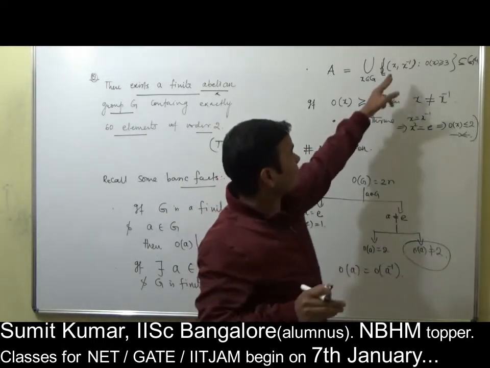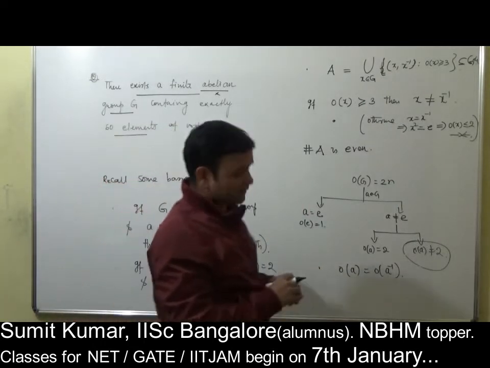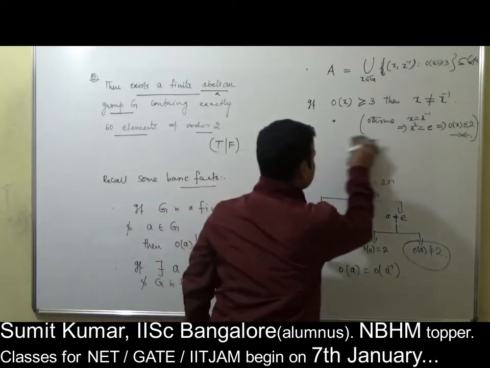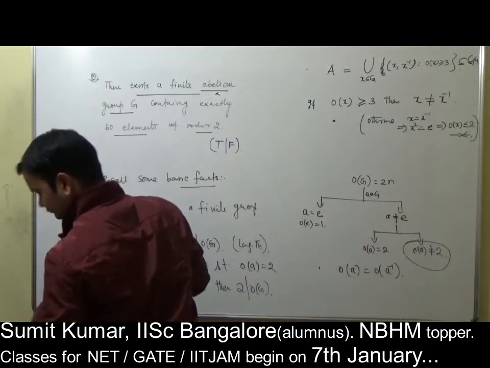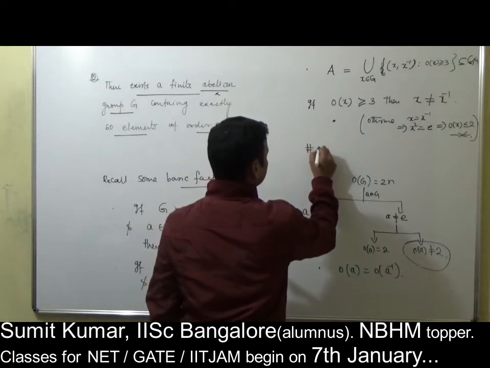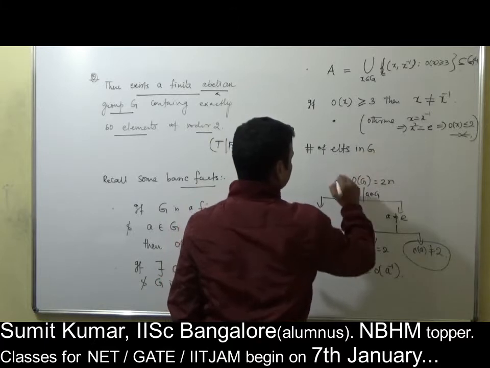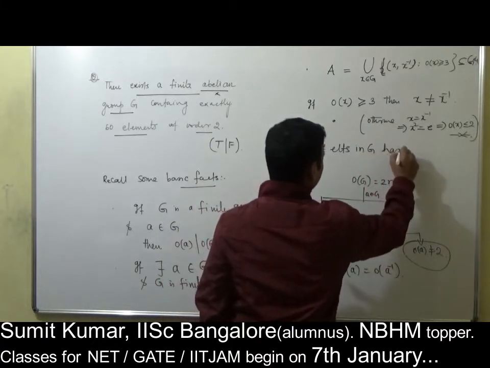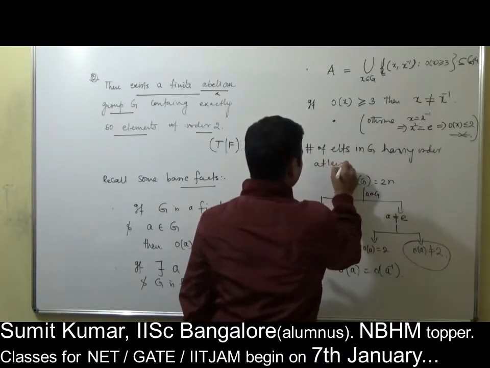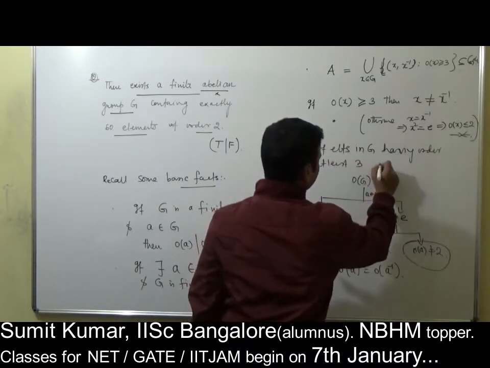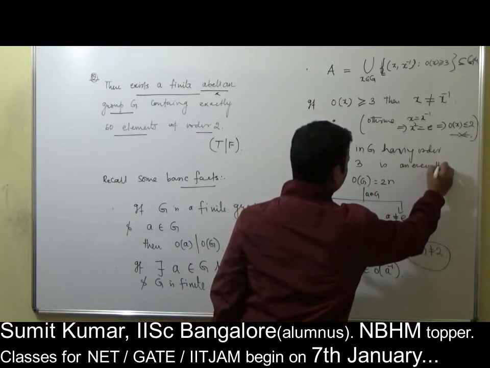So consider these pairs x, x inverse. Therefore, the number of elements having order at least 3 is an even number.